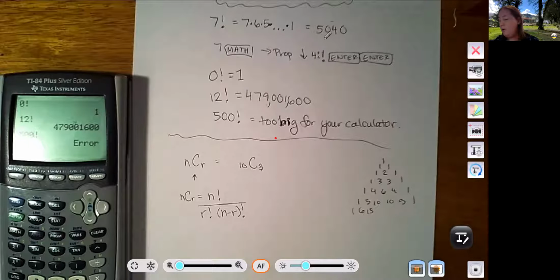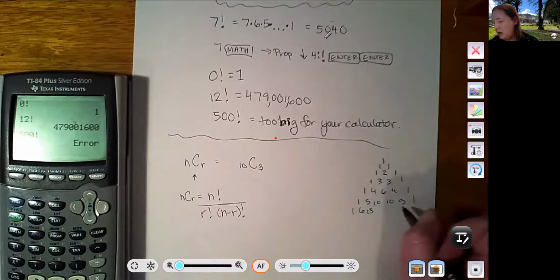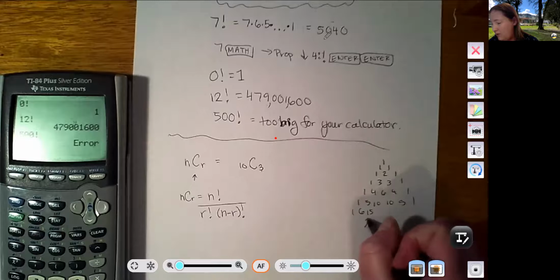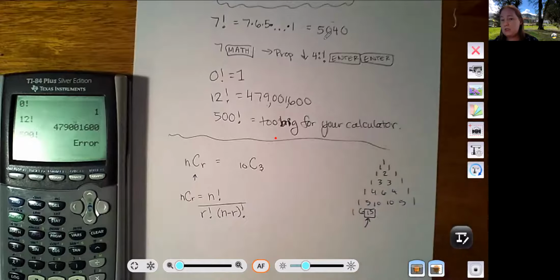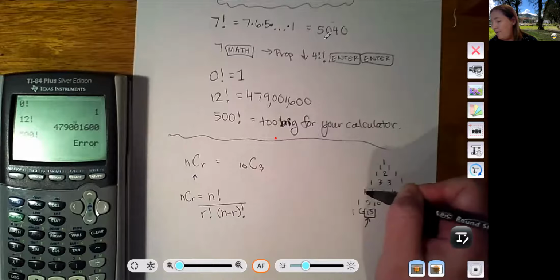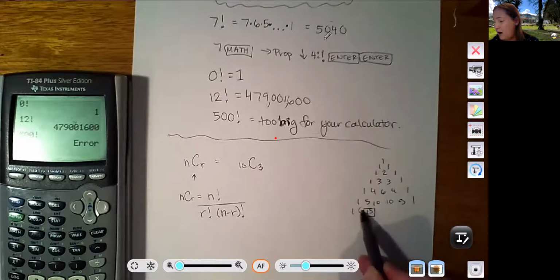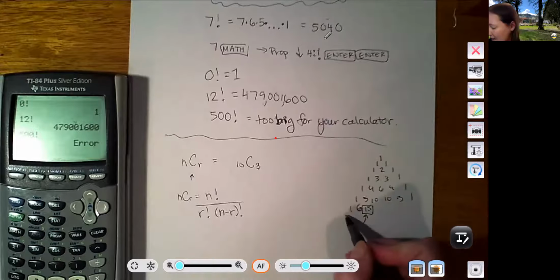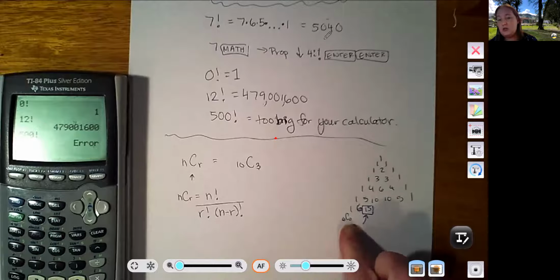So before we do that, why don't we just take a look at maybe what this 15 is. What does that represent? So this is power of 0, 1, 2, 3, 4, 5, 6. It matches the power of your polynomial, matches that first non-1 term. And so this is 6C0, 6 items, and you're choosing 0.